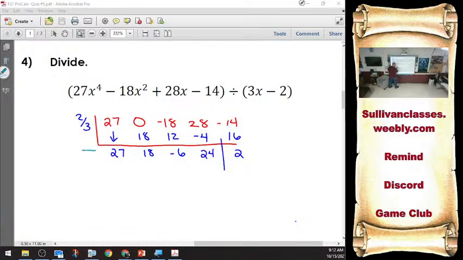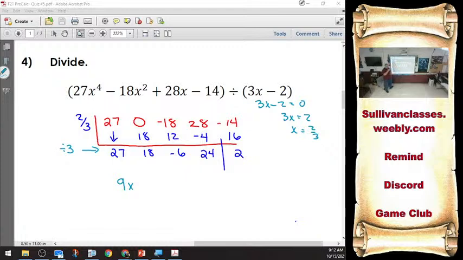Now, I need to also divide this row by 3, because when I did 3x minus 2 equals 0, I divided by 3. So if I divided by 3 there, I have to divide by 3 here and call it 9x to the what?